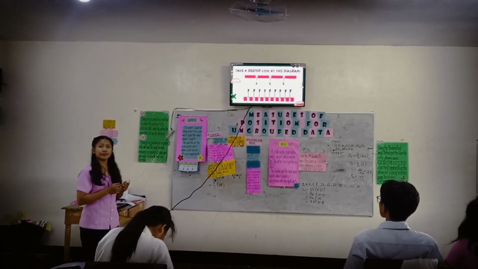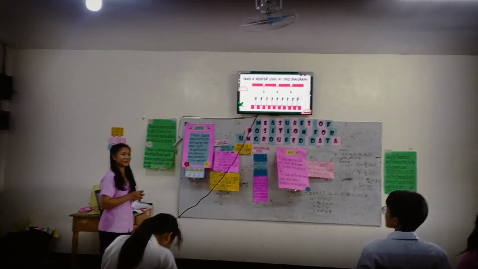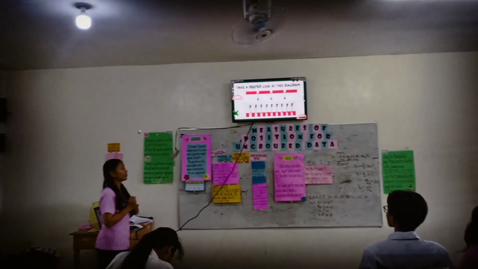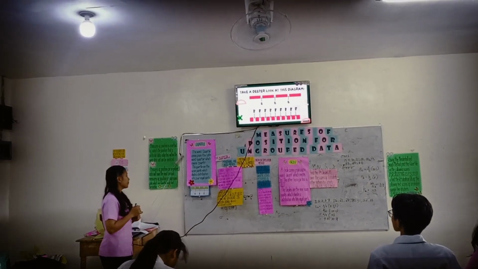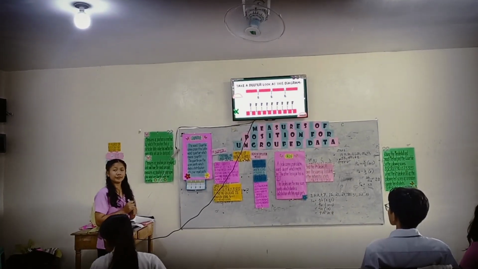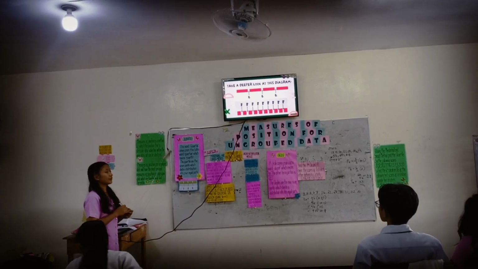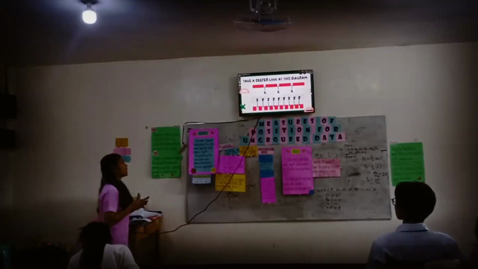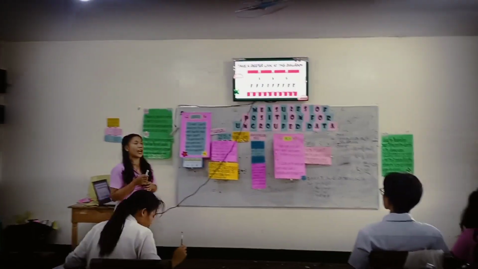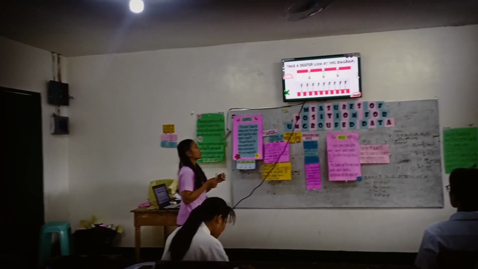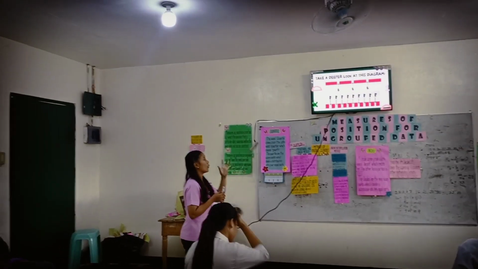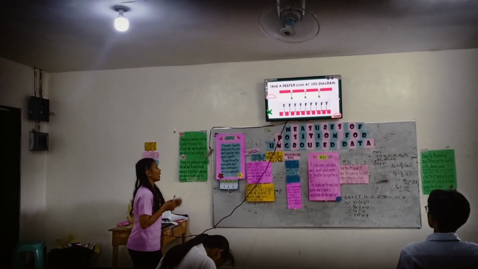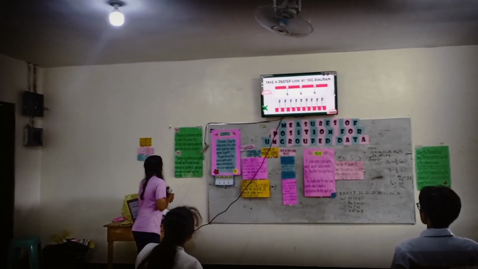In quartile, we divide it by 4, while in decile, 10. Very good, Miss Ramos. Thank you. Always remember, class, if you have the quartile, it is divided into 4 equal parts, while the decile is divided into 10 equal parts.